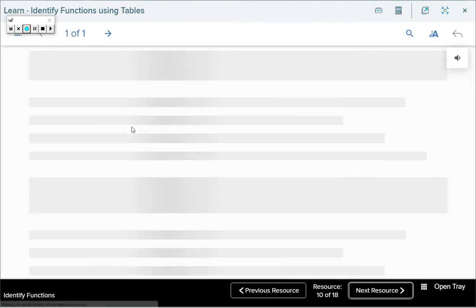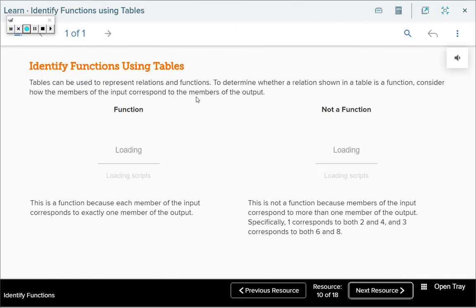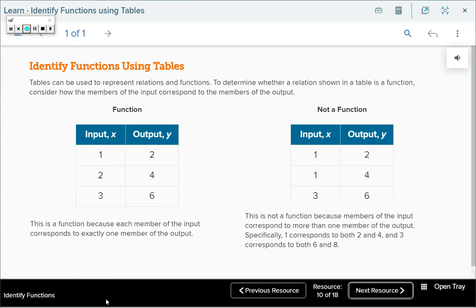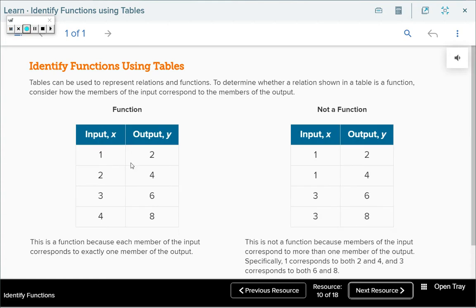So when we have tables, remember, we have ordered pairs that express as a table. It's the same kind of thing. All right, so these are my inputs. I have 1, output is 2, 2, output is 4, 3, output is 6, 4, output is 8. So here I have 1, output is 2, 1, output is 2, or 1, output is 4. Do you understand why this is a function over here? Why is this a function? Somebody explain it to me. Why? Brooklyn?